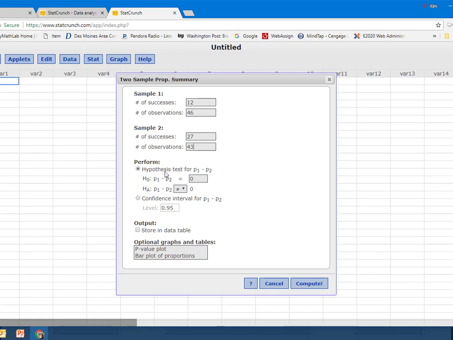I'm going to do a hypothesis test. We are hypothesizing that the difference is 0, and we think that p1 is less than p2, so that means their difference is going to be negative. And we compute.